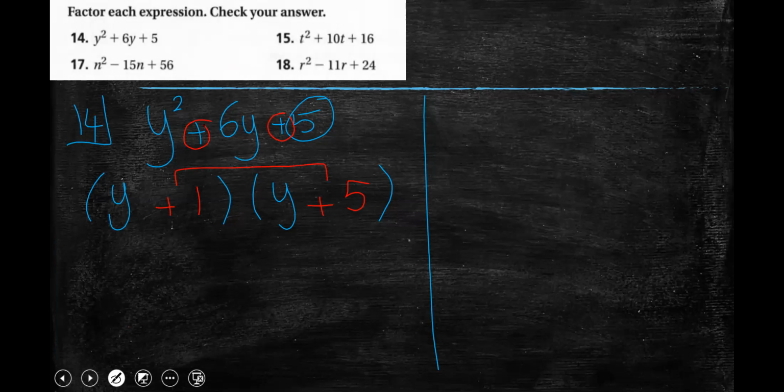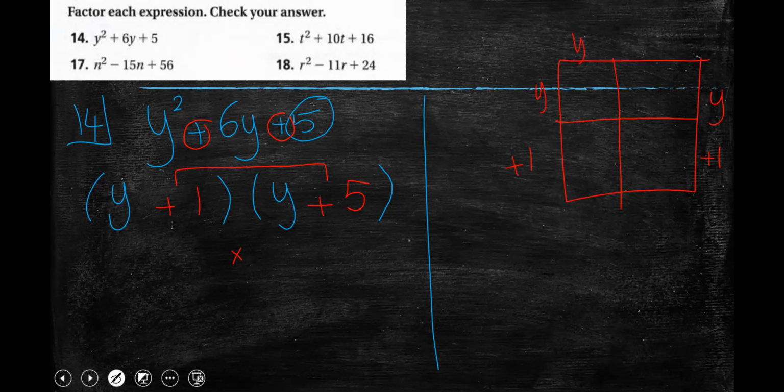Now, let's check your answer. How can we check your answer? I will multiply these two factors. If we multiply them, shall we get the same answer? Let's see. Let's use the table. We have y and plus 1, and y and plus 5.